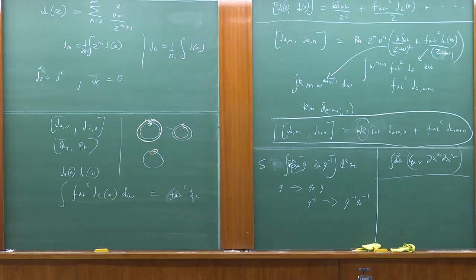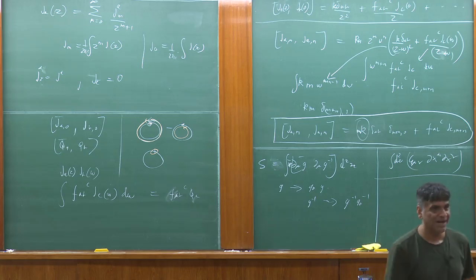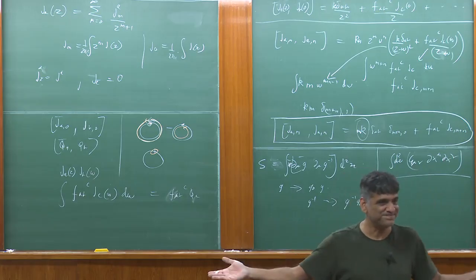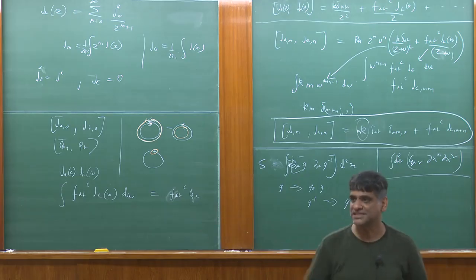Therefore, naively, any g_mu nu del X^mu del X^nu is marginal. So the set of all marginal operators is parametrized by metrics on your target space.